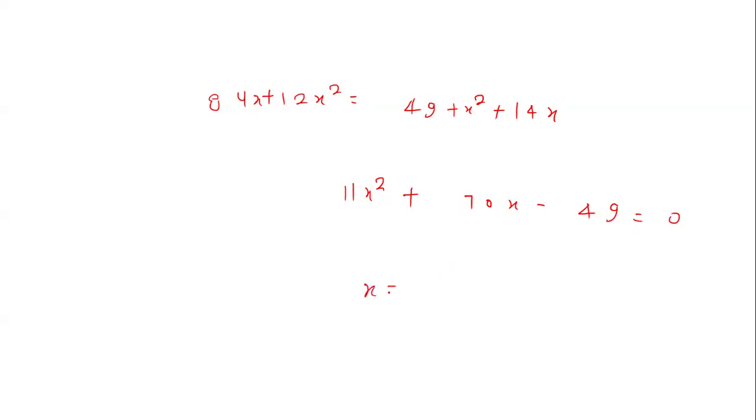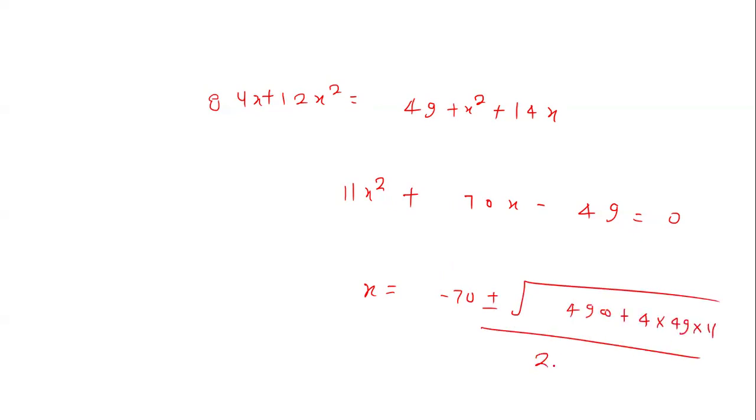You can solve it like x is equal to minus b plus minus root of b square minus 4ac, divided by 2a. From here you can get the x value. There are two x values: one will come like 7 by 11 and the other will come like minus 7. Since x is a length, we ignore the negative value, so we take x as 7 by 11.